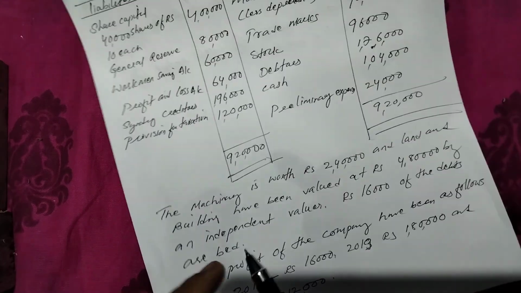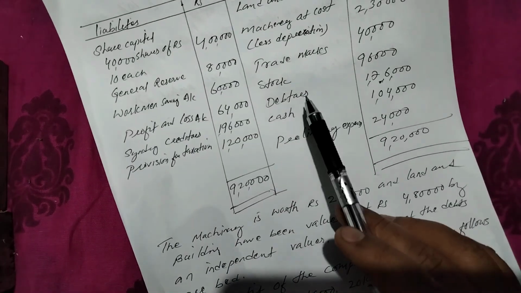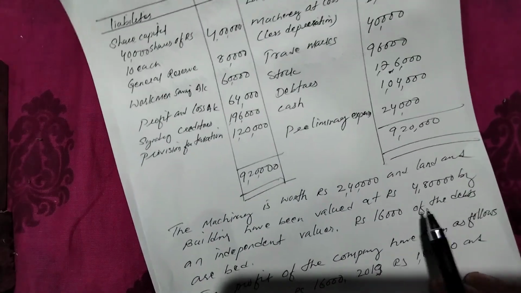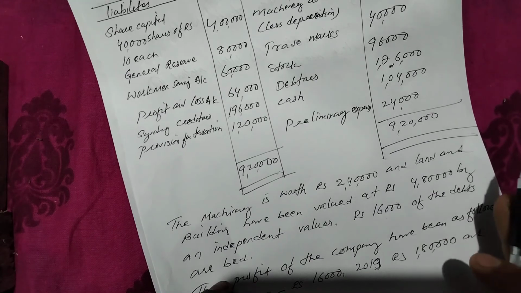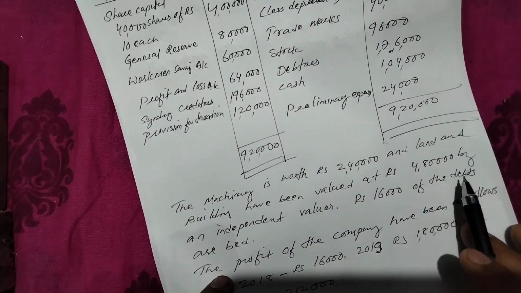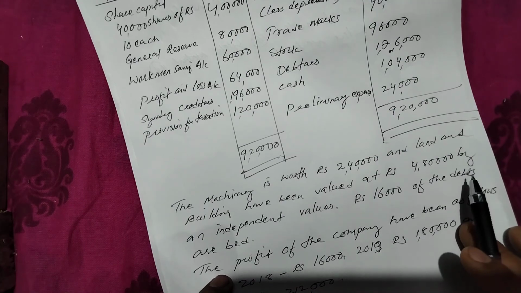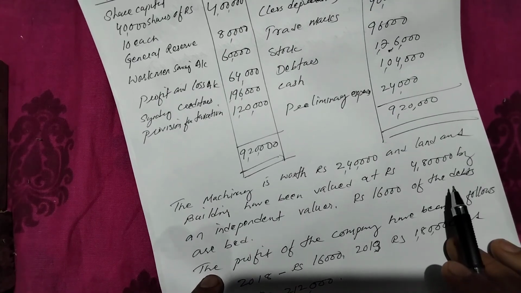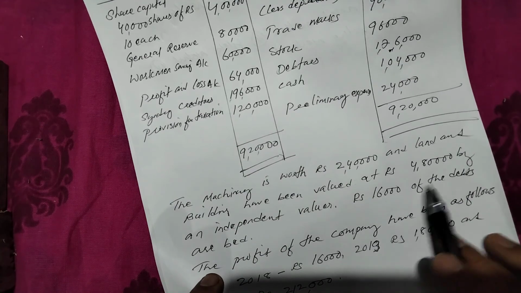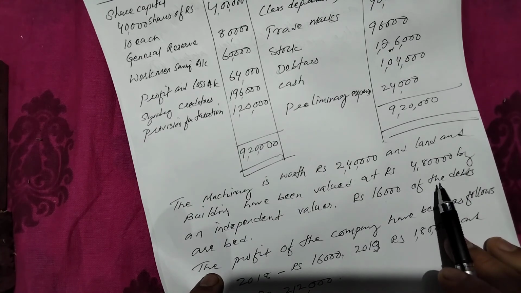So from the 1,76,000 debtors, this 16,000 is now bad. That means the company won't be able to receive it. There is no hope of getting back this 16,000 rupees, so you need to reduce it from the debtors account.